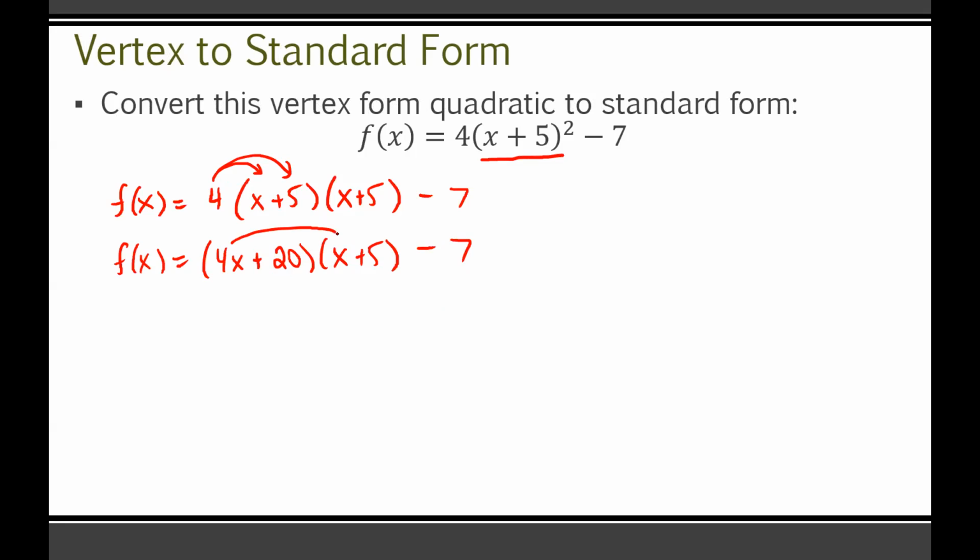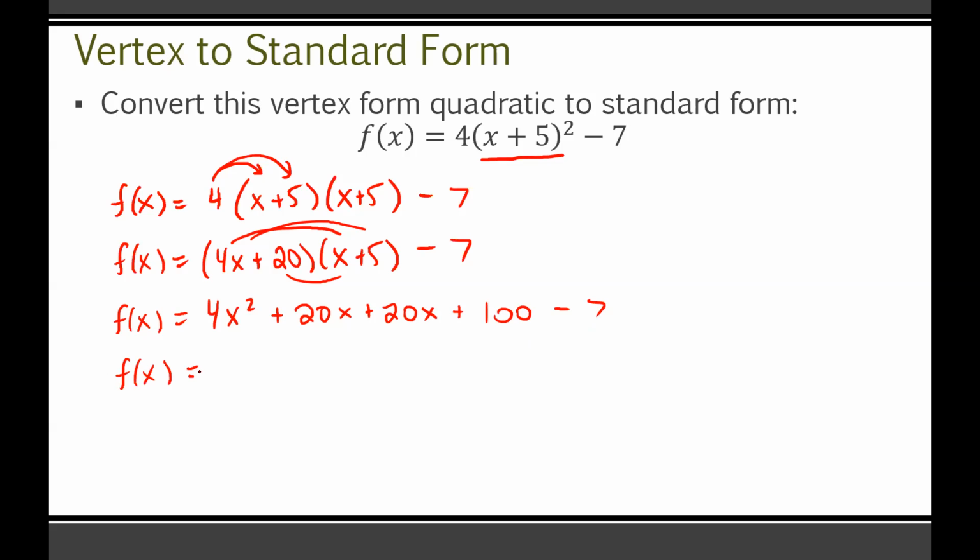So I'll go 4x times x. This is going to give me f of x equals 4x squared. And then 4x times 5, that's going to be 20x. And then 20 times x right here, that's going to be another plus 20x. And then 20 times 5, well, that's going to be 100. And then, of course, we still have that minus 7 on the outside there, too.